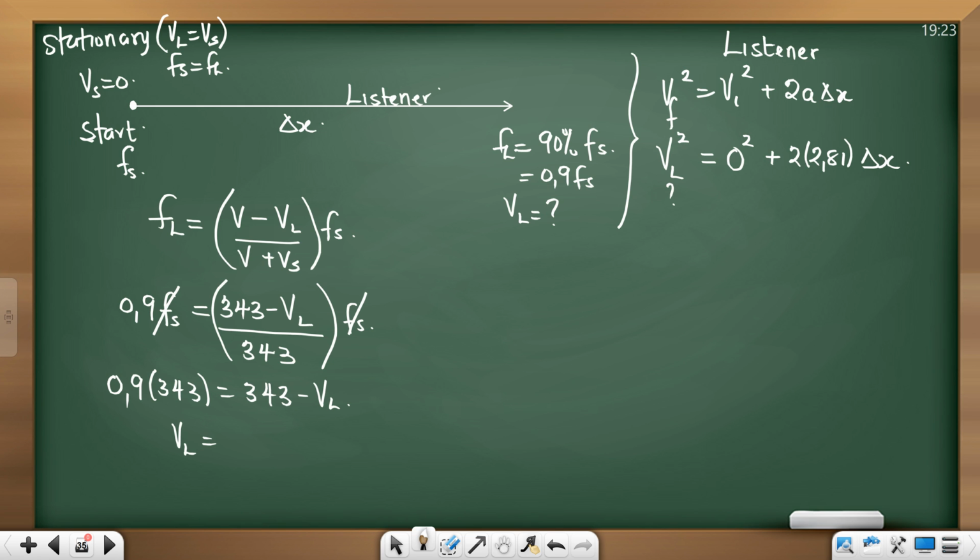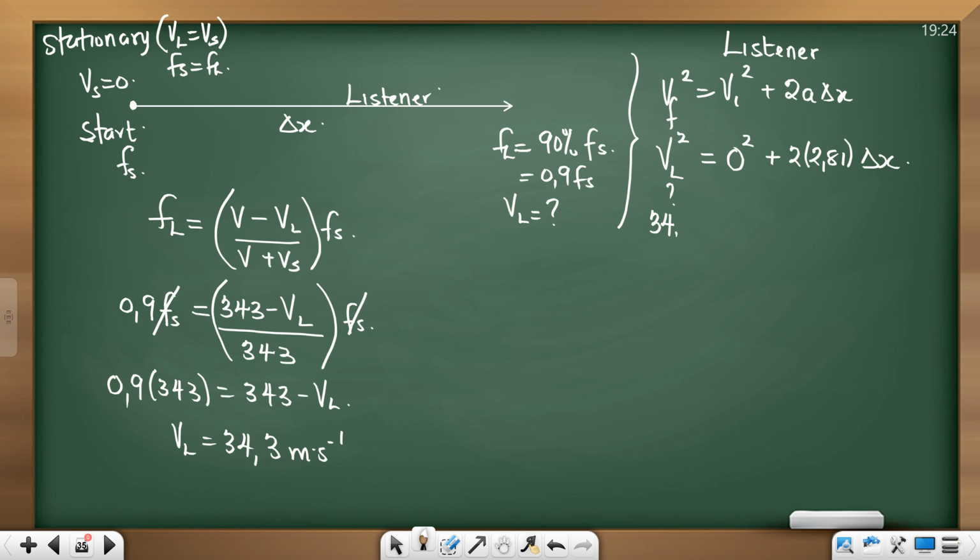Give me an answer. 34.3. Are we confirming? Final answer. Are we confirming that, everybody? If you are not getting it, let's help. Just move things over. Move the other one to that side, it becomes a negative. The VL becomes positive.